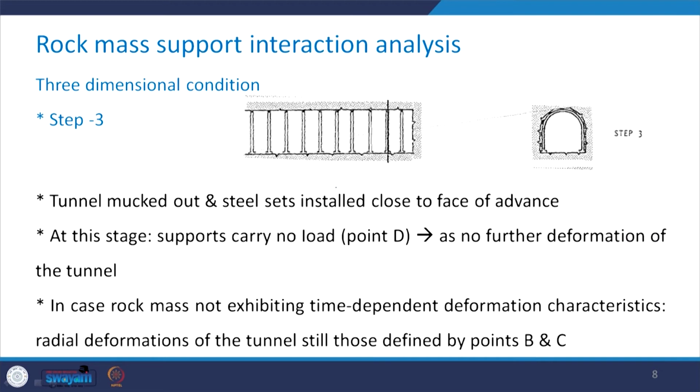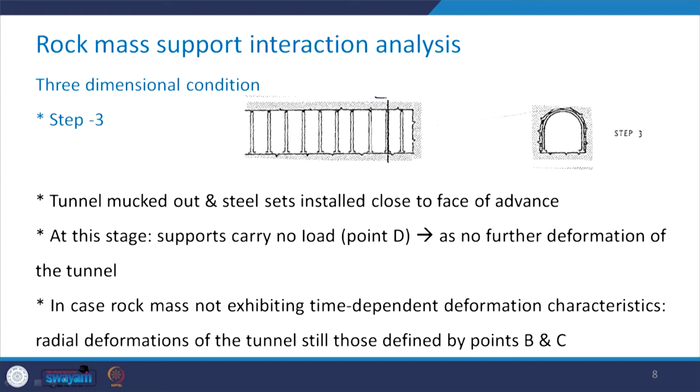Now, come to step 3 where the tunnel has not been advanced further from step 2, but what has been done is that whatever was advanced up to step 2, the support systems have been provided.